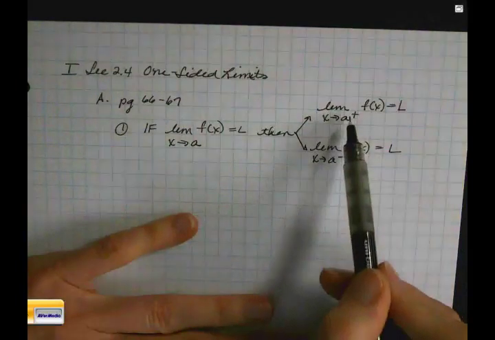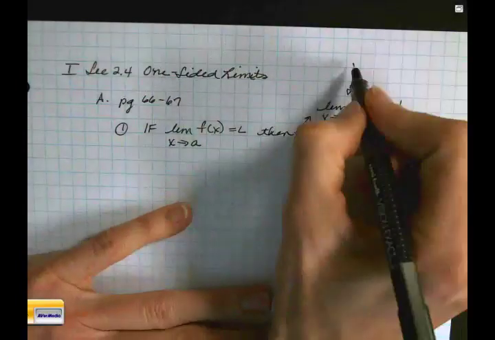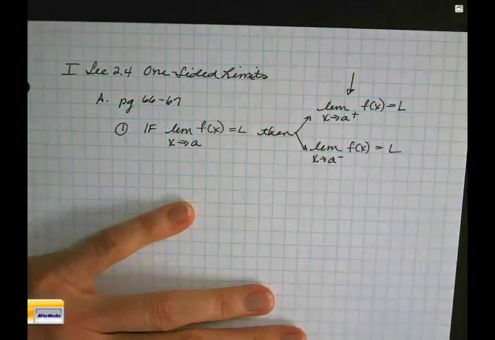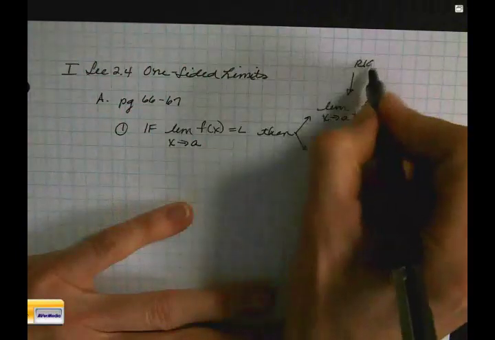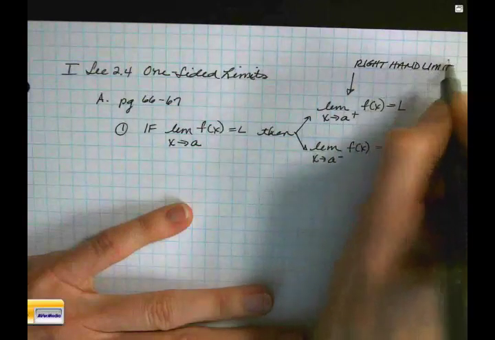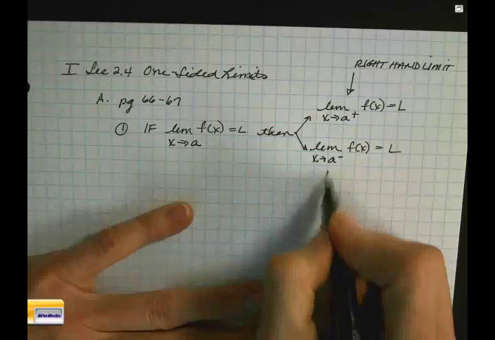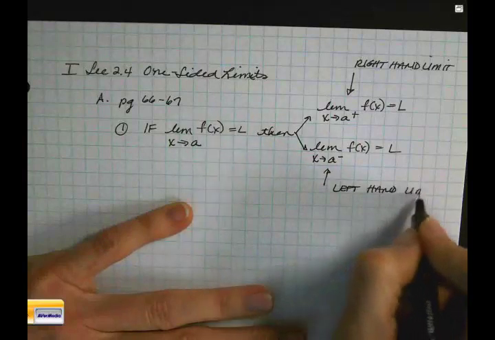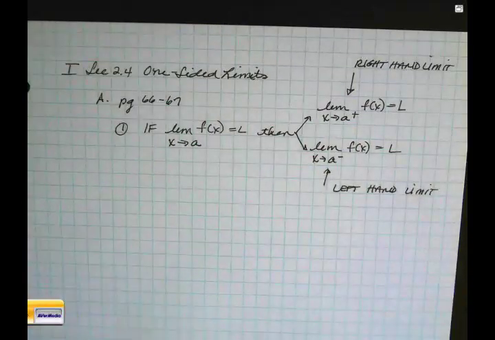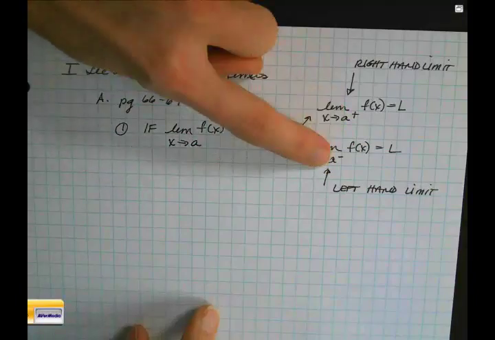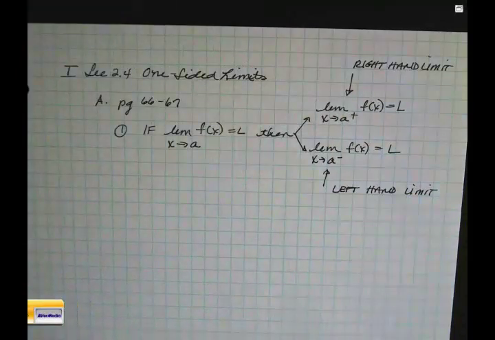A little plus sign means approaching from the right side, the right-hand limit. That little plus sign is referring to the right-hand one-sided limit, meaning approaching strictly from the right side. The little minus sign is the left-hand limit, meaning you're approaching from the left side. So these little symbols to the right and above your x value tell you which side you're coming in from to come up with the one-sided limit.